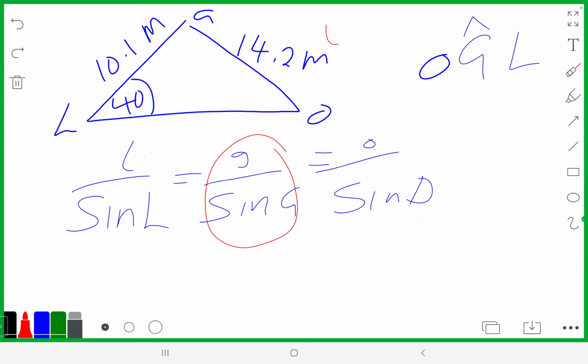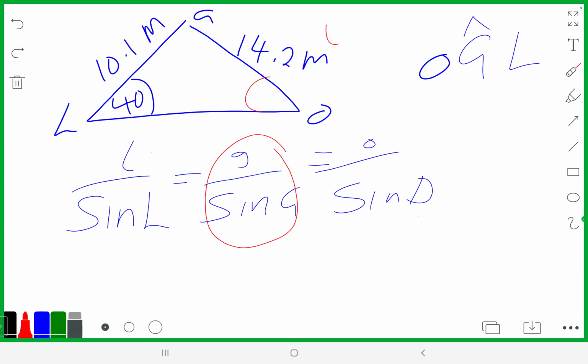But you see, with this question, the only thing that you can do first is use the sides that you are given already. We can find the angle O. You get the point, eh? Yes.